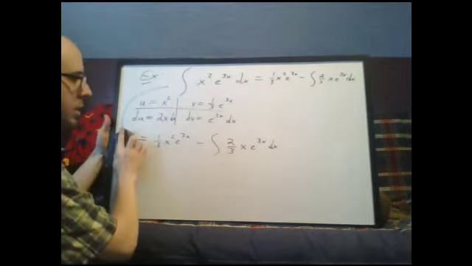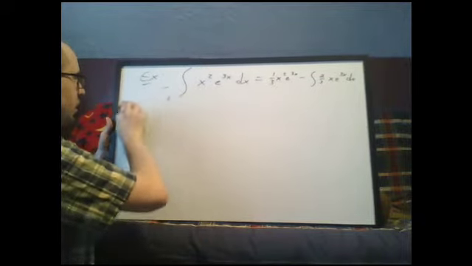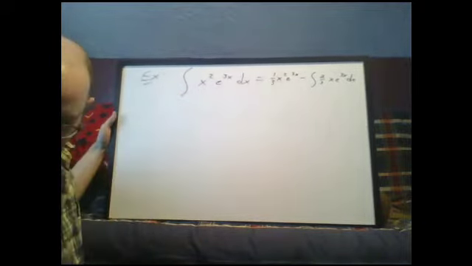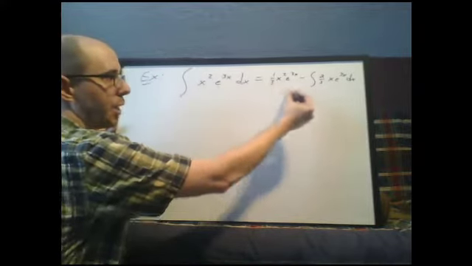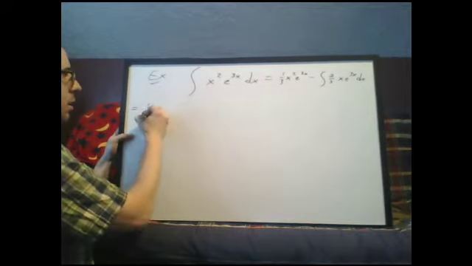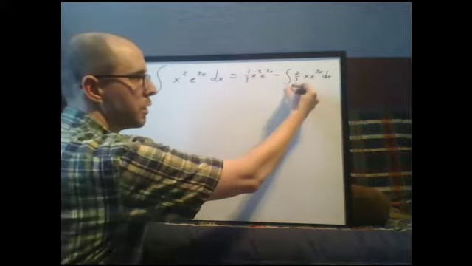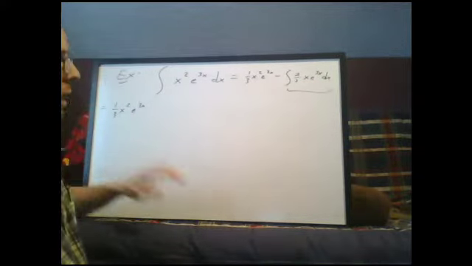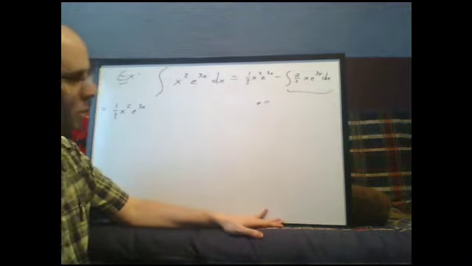Okay, let me erase the previous integration by parts stuff. So I used integration by parts once. That turned my integral into this. I've got 1/3 x squared e to the 3x. But now for this integral, I need to use integration by parts again. So I need to pick a u and a dv.